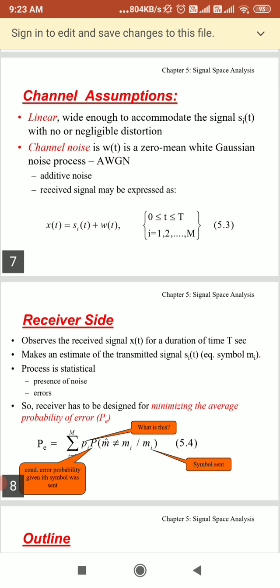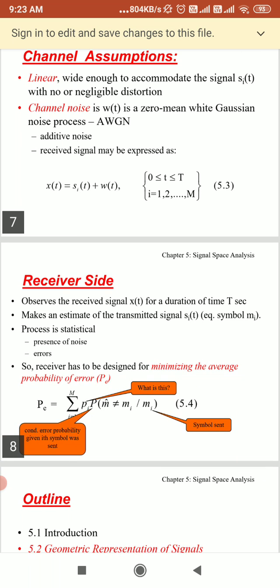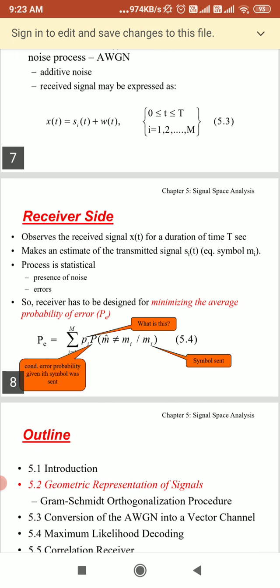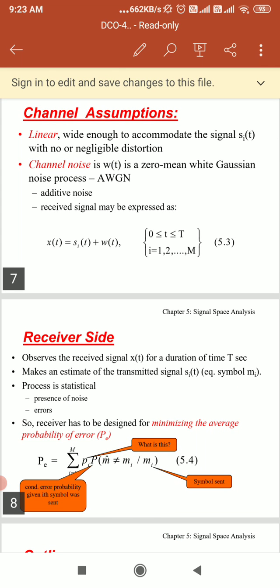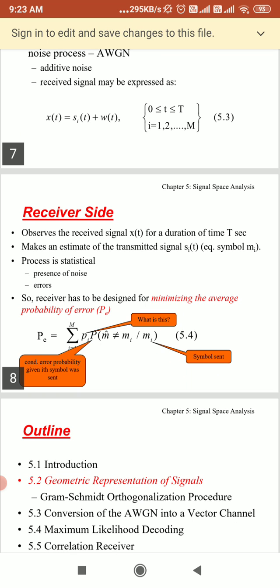The received signal, which we call x of t, may be expressed as x of t equal to Si of t plus w of t, where w of t is the white noise and Si of t is the signal we send with no distortion.